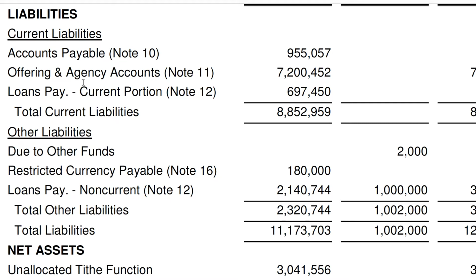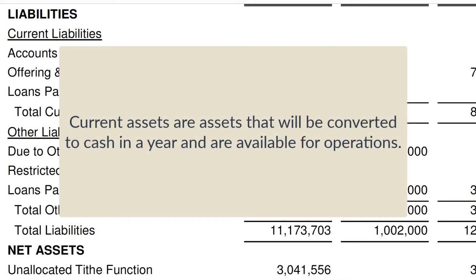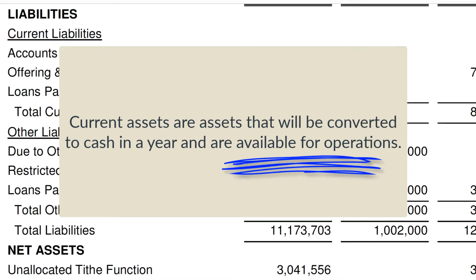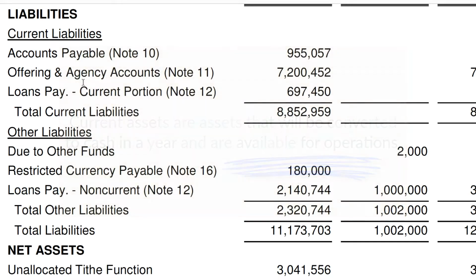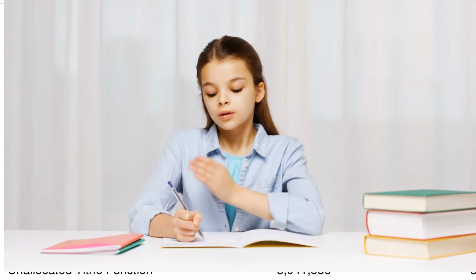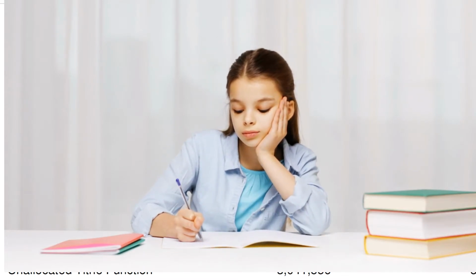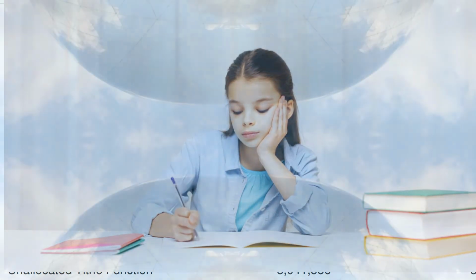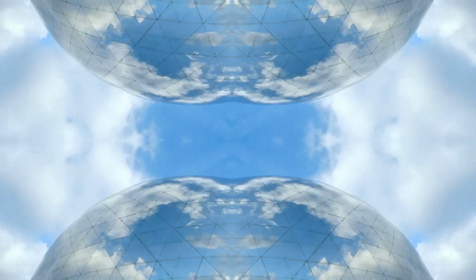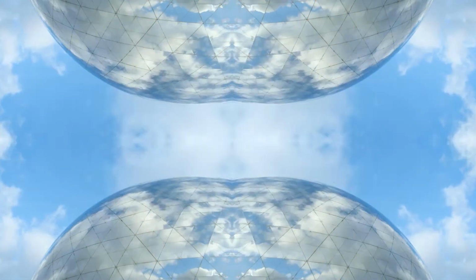There's symmetry between the definition for current assets and current liabilities. Current assets are those assets that will be converted to cash in a year and are assets that are available for operations. This last clause excludes cash and investments that were earmarked by the donors or the board for building and equipment. I know you've heard that definition about 10 times. The definition of current liabilities mirrors the definition for current assets.